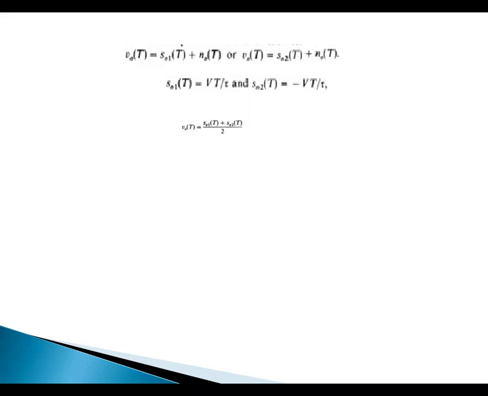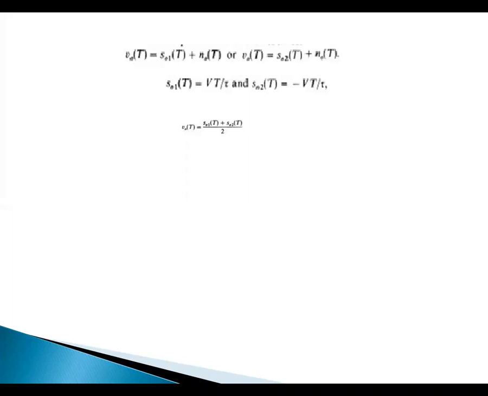To minimize the probability of error, one should assume that S1 of t has been transmitted if V naught of t is closer to S01 of t than S02 of t.